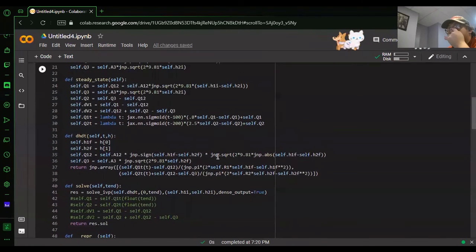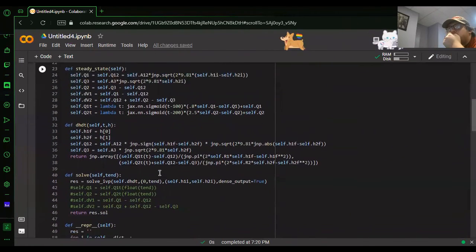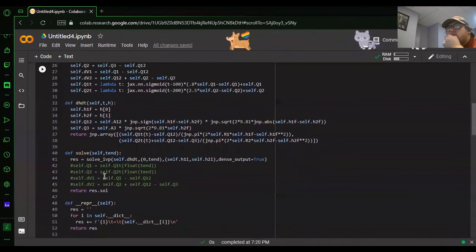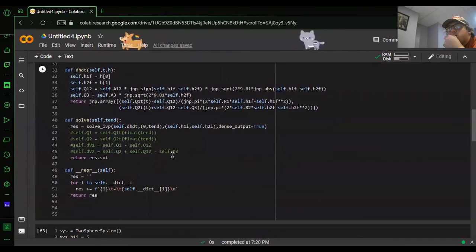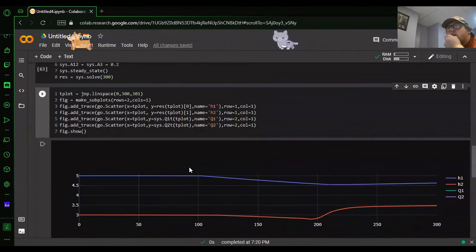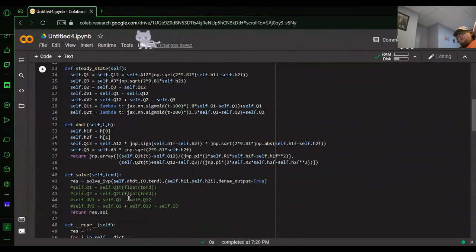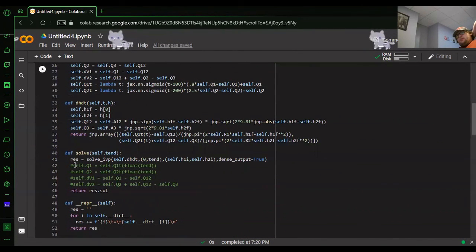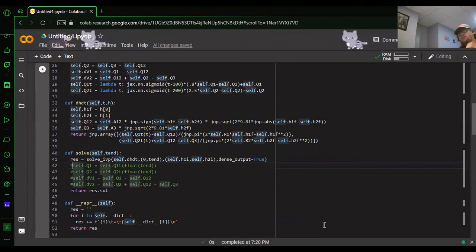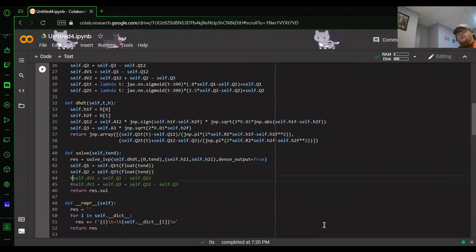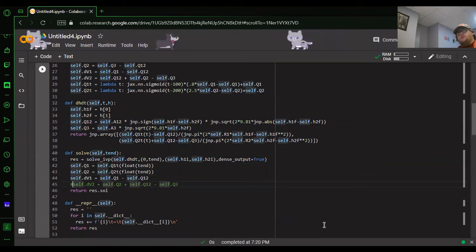So what's going on is Q1 is getting redefined here. So like the initial, that's why, okay. Okay, I think I know what's going on now.